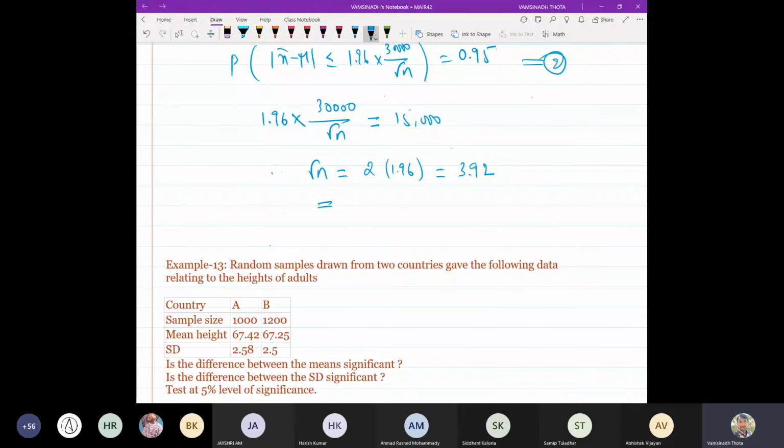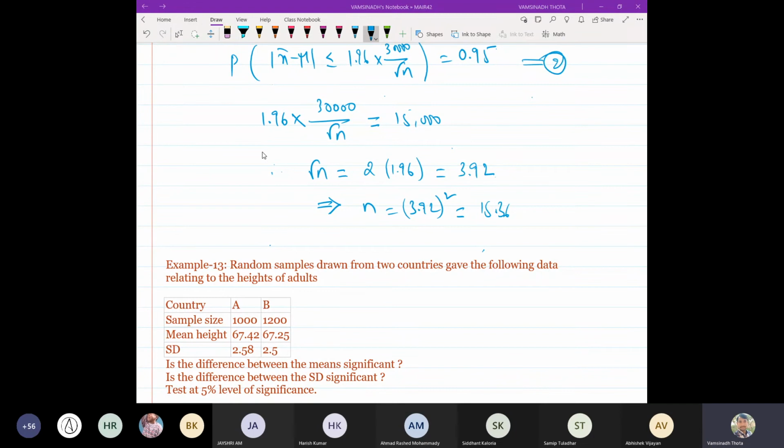So from this one, squaring on both the sides, n is equal to 3.92 square. So that will be roughly approximately 15 point something, maybe some 3.3 or 3.66, whatever it is.